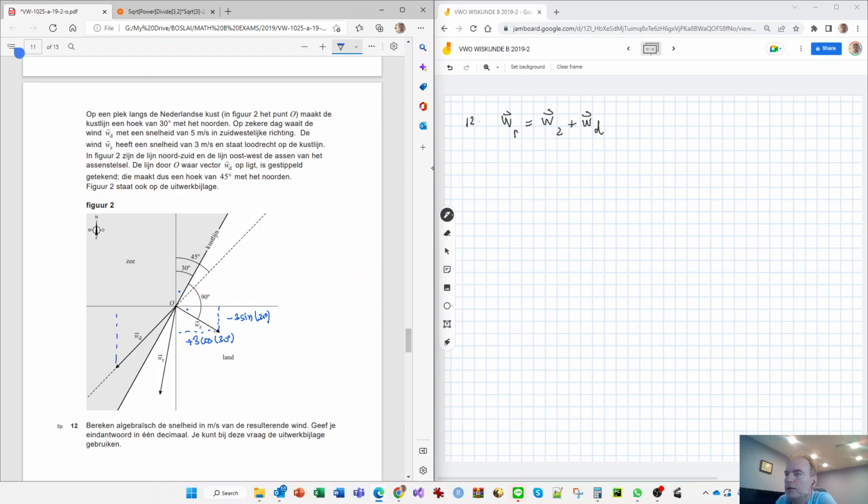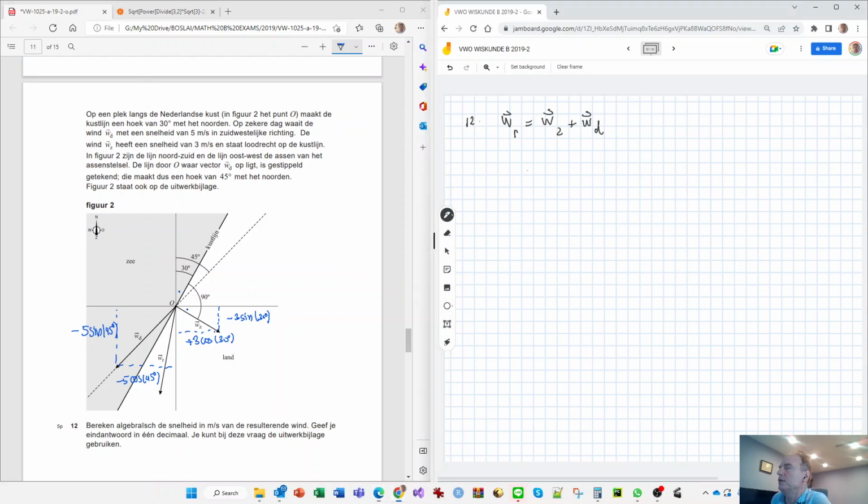And we can do the same for our WT. They're both negative. This is minus 5 sine 45, and this is minus 5 cosine 45. Okay, well, that's not so tough.